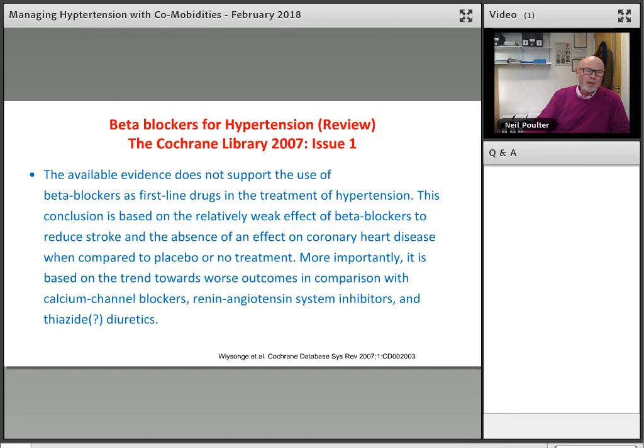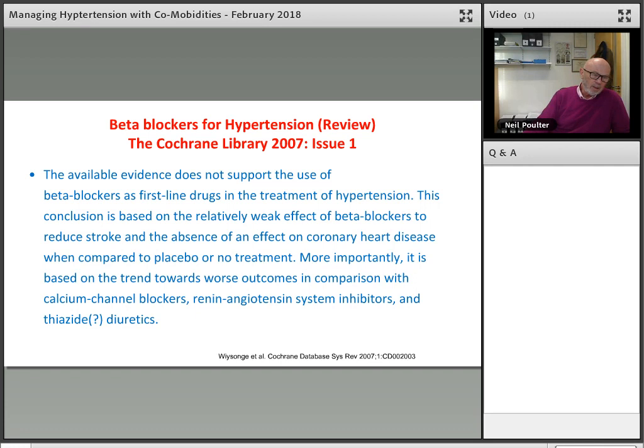And that conclusion is based on the weak effect of beta blockers to reduce stroke and the absence of an effect on coronary heart disease when compared to placebo or no treatment in primary prevention, which is most of our hypertensive patients. More importantly, it's based on a trend towards worse outcomes in comparison with all the other drug classes.